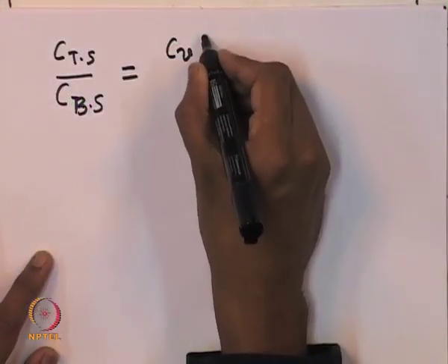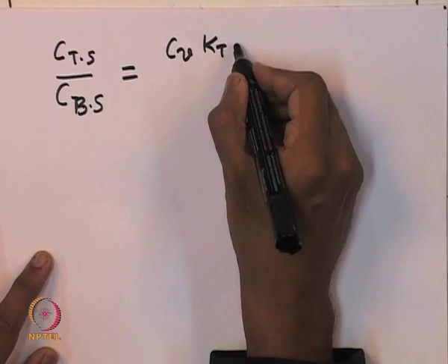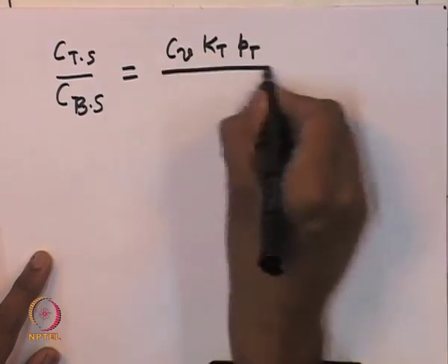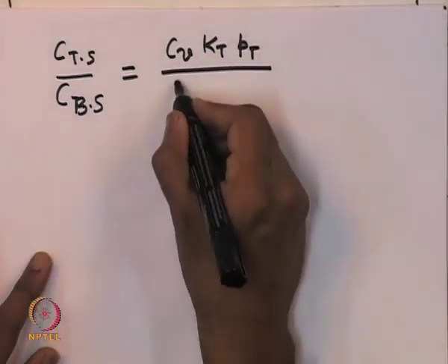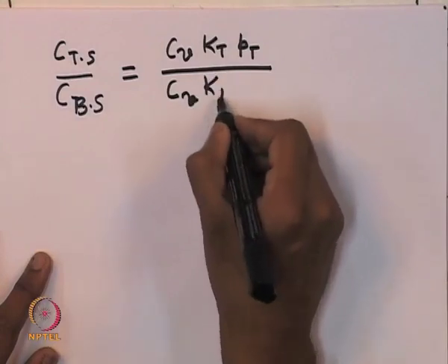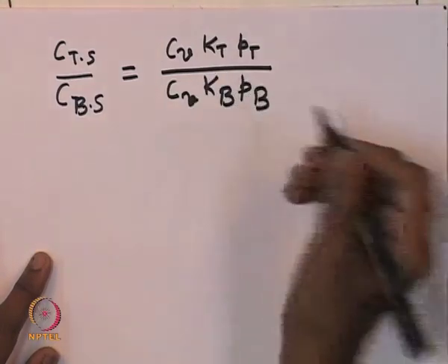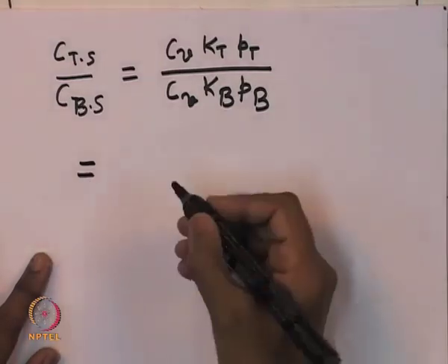So, by substituting those expressions, we can rewrite this as Cv Kt Pt divided by Cv Kb Pb.